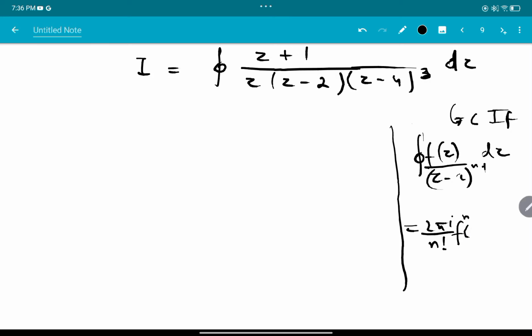The moment you realize that you have this, you have to use the generalized Cauchy's integral formula.